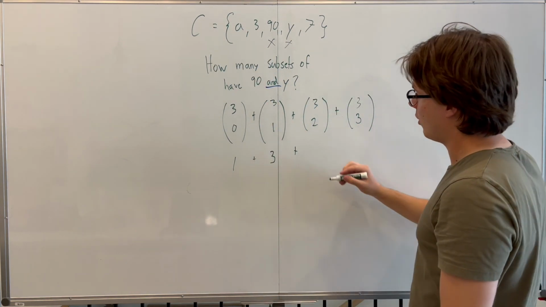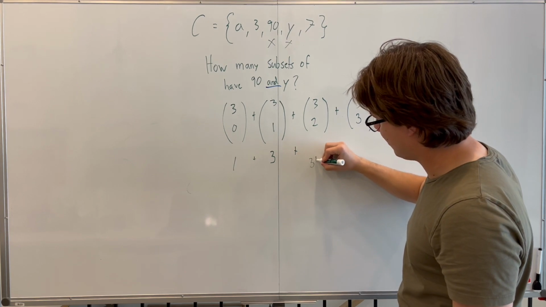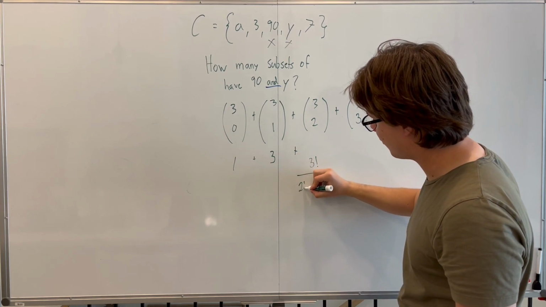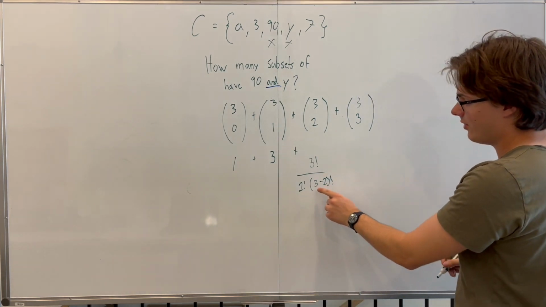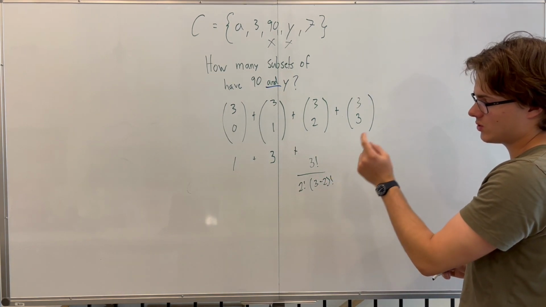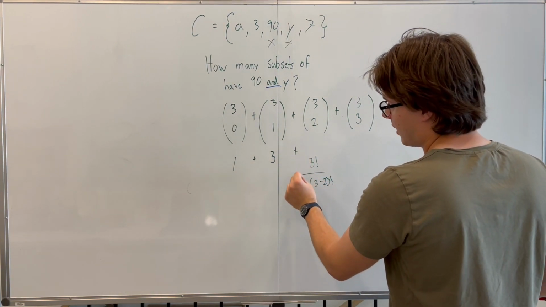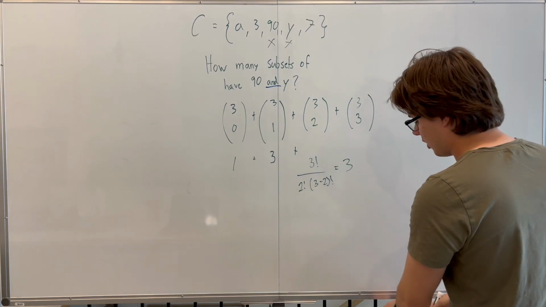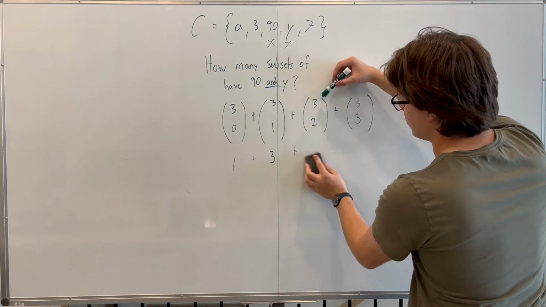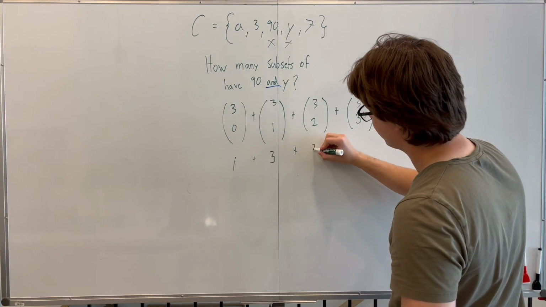Let's compute that. That's 3 factorial over 2 factorial times (3 minus 2) factorial. This is going to be 1 factorial, so it's just 1. 3 factorial over 2 factorial is just 3. So 3 choose 2 is equal to 3.